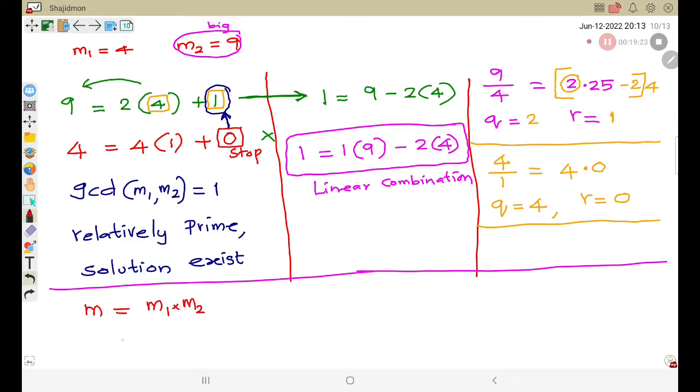M1 is 4, multiplied by M2, which is 9. So 4 multiply 9, that is the M number, 36. M equals 36. So in the first step we found the GCD, after that we wrote the linear combination, now we write the M number, which equals 36.